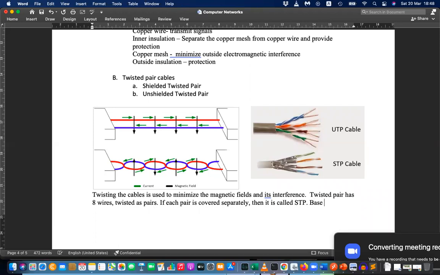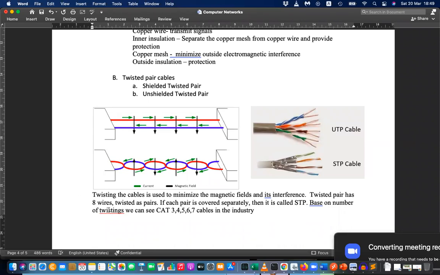Based on the number of twisting, we can see category 3, 4, 5, 6, 7 cables in the industry.